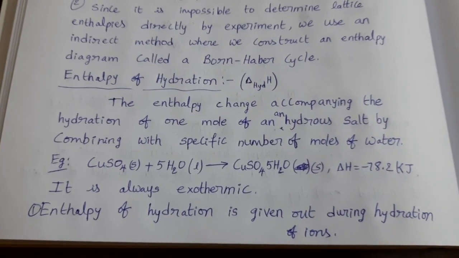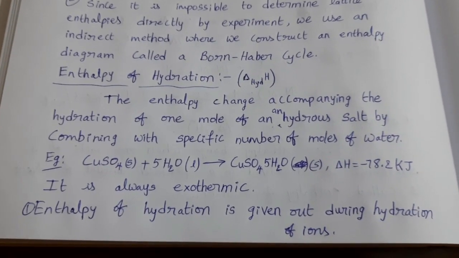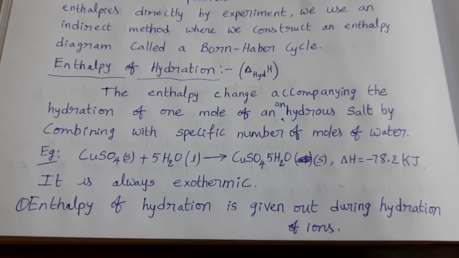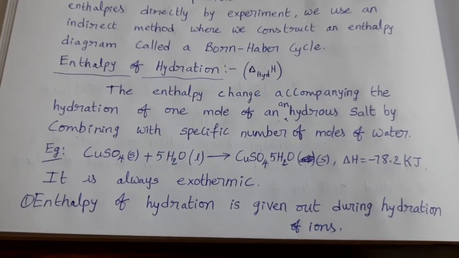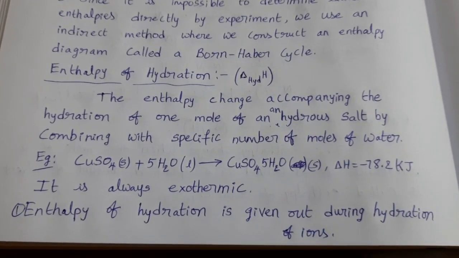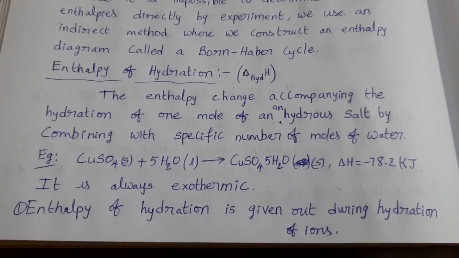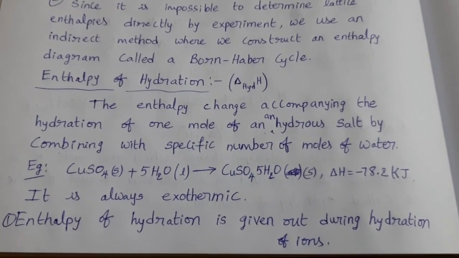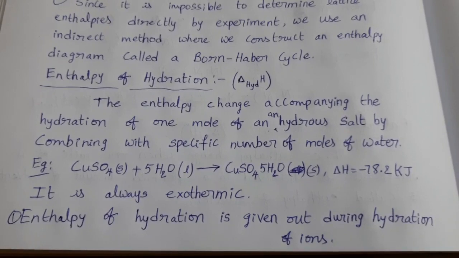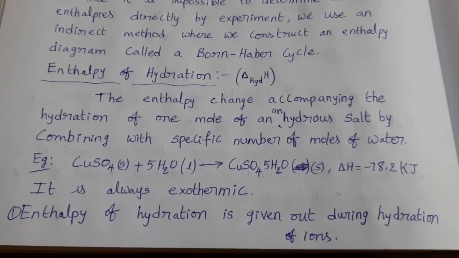Due to this, some energy is released that is called enthalpy of hydration. That is nothing but hydration of ions of a particular compound. So, enthalpy of hydration is always negative. Enthalpy of hydration is an exothermic process, so its value is always negative.